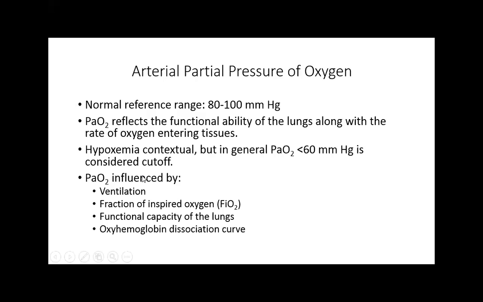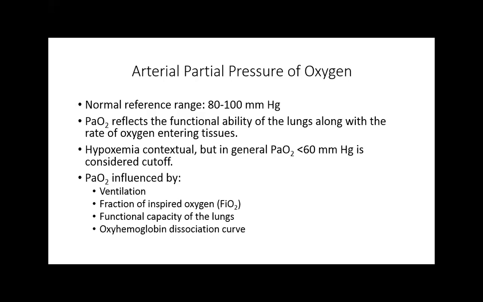Another factor would be the fraction of inspired oxygen, the FiO2. Under normal conditions, the percent of oxygen in the air is about what? 21% is what's generally used for FiO2, and again, that's somewhat dependent on elevation.